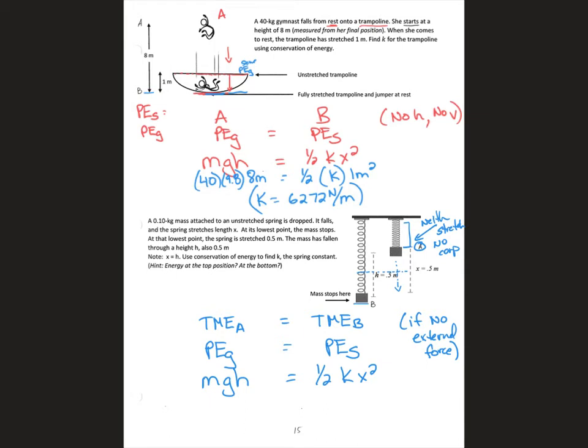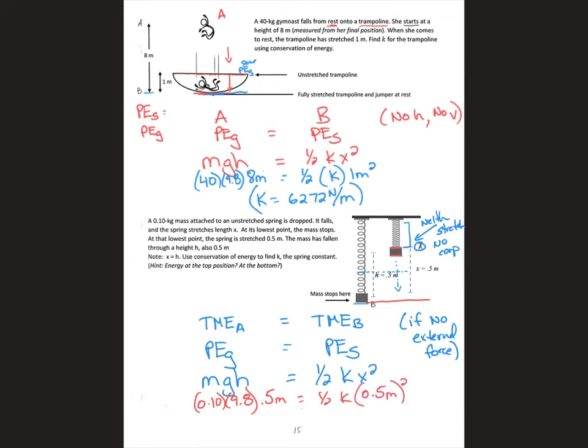Now let's plug in 0.1 kilograms times 9.8. What height is it? We don't care what the height is above the ground. We just need to know the height above its lowest point. According to that, the lowest point it goes is 0.5 meters lower, so its total height is 0.5 meters. We don't know the K value, but we do know that the spring stretches out 0.5 meters.